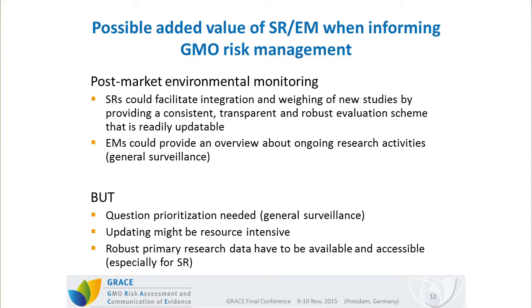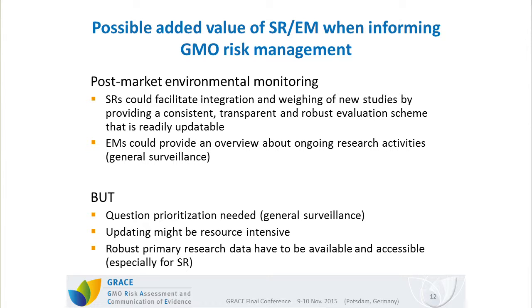Then during general surveillance, which has a much broader focus, as it is looking for effects that were not anticipated during the risk assessment, you could think about an evidence map that could provide an overview about ongoing research activities, being based on a bit broader question. But as already said in the introduction, the broadness of a question to be asked by an evidence map is also limited. So if you think about the general surveillance, you would have to prioritize as well.